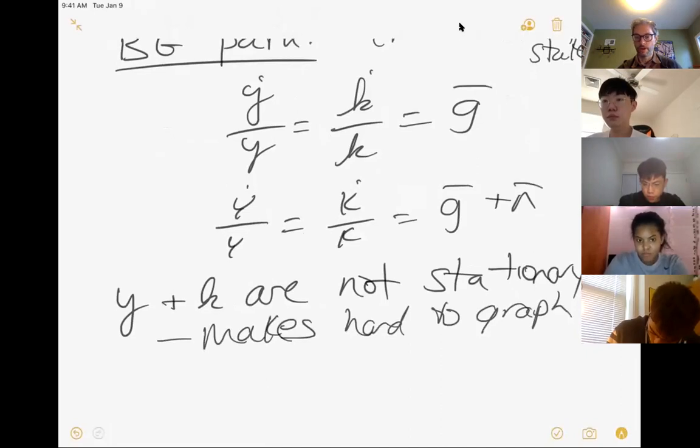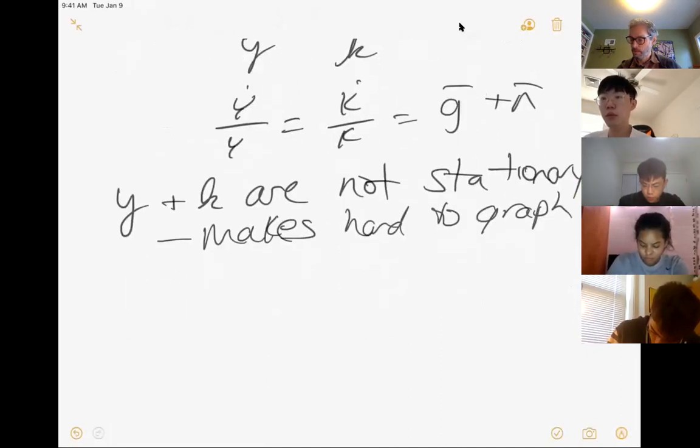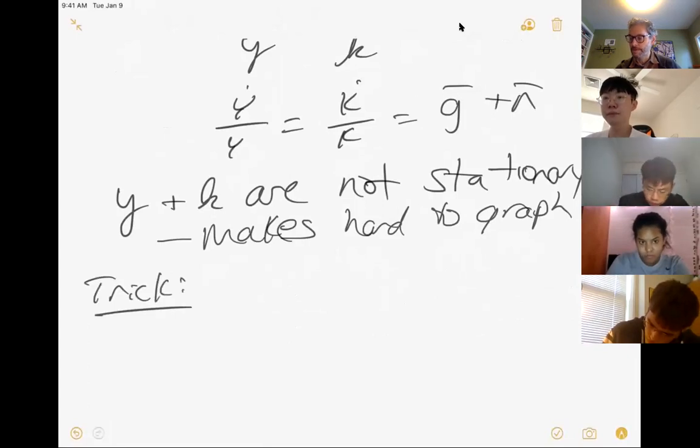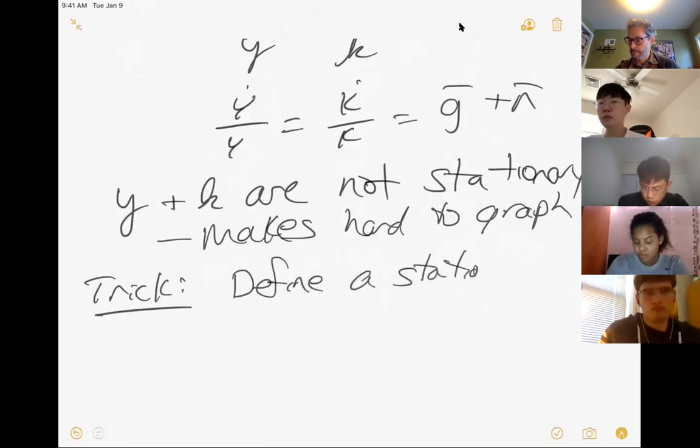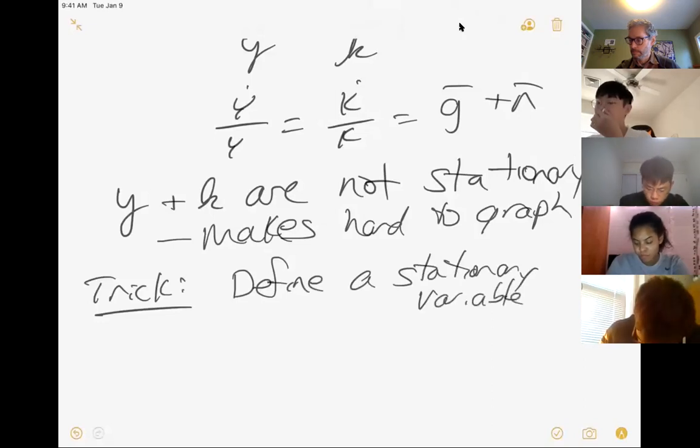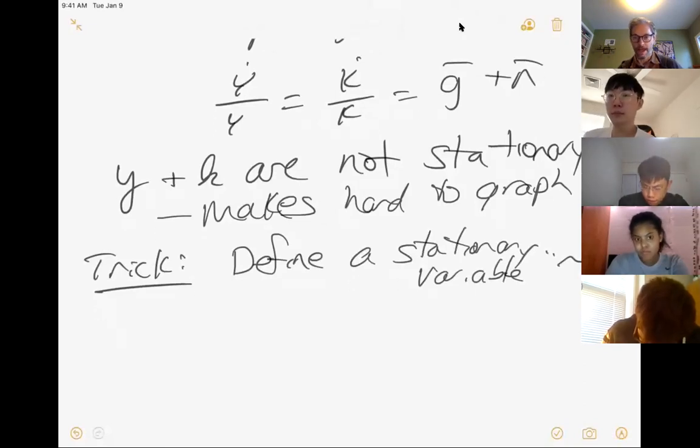So if you remember what we talked about yesterday afternoon, we did this trick where we defined a new variable that's stationary. Right? And stationary variables have the tilde on top of them.